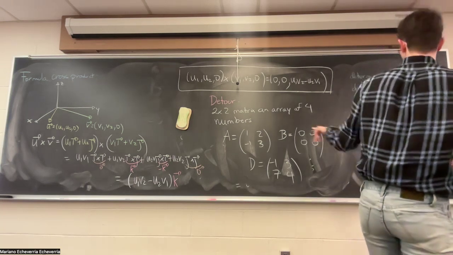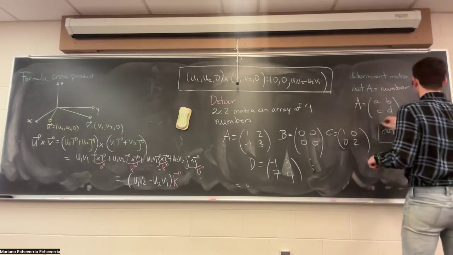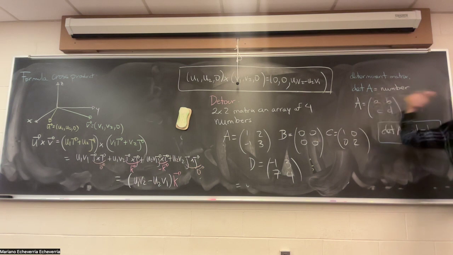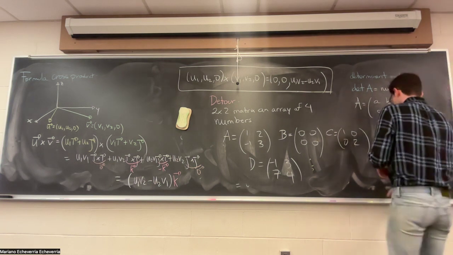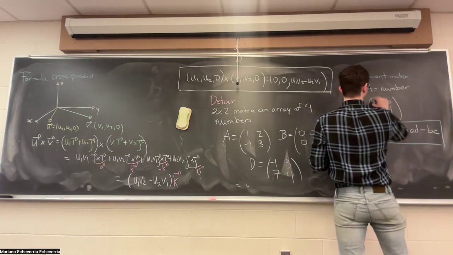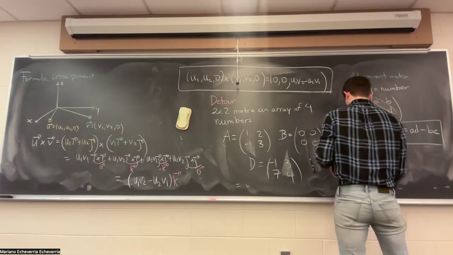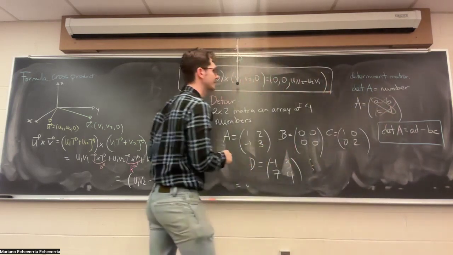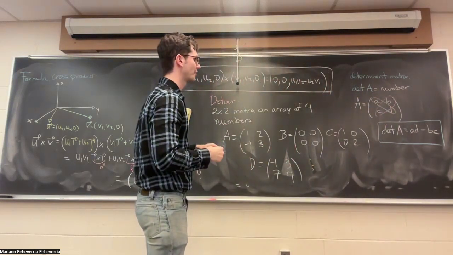I'm about to do a few examples here so that this idea sticks. The idea is that you have four numbers and you multiply them in pairs in a kind of funny way. You multiply along one diagonal, multiply the elements on the other diagonal, and then you subtract them. So it's a difference of two products of the elements along the diagonals.